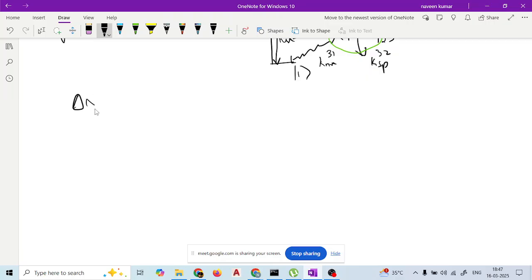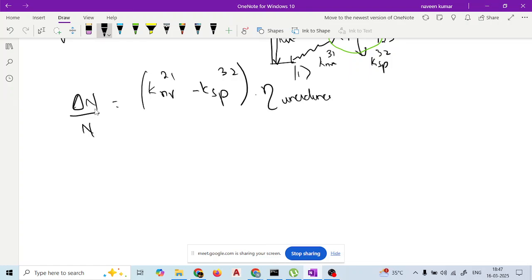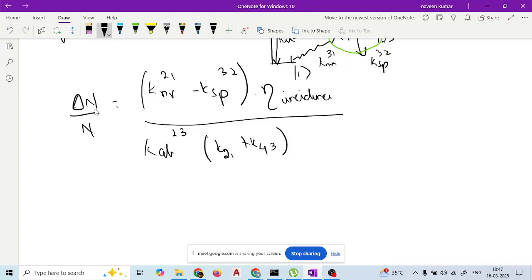So delta N by N is equal to, we know that k_NR 21 minus k_SP 32, and we know that the amount of incident light also plays a major role, and then absorption 23, k21 plus k43 plus k_SP 32, k21 plus k21 k43.